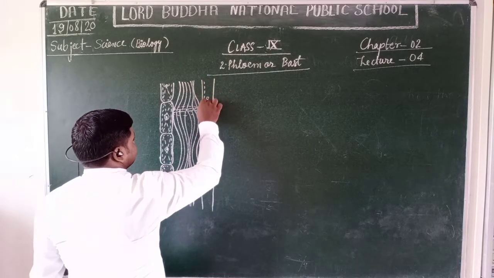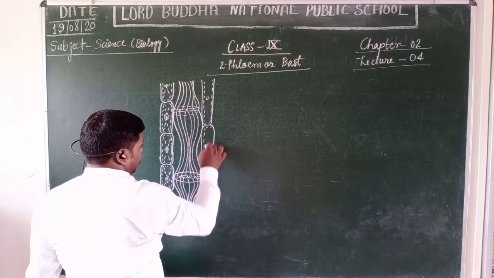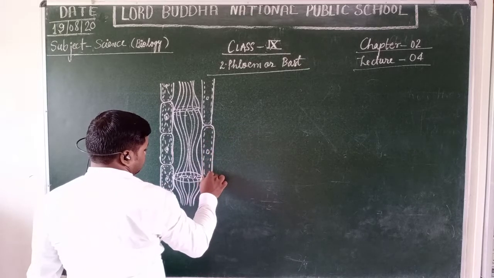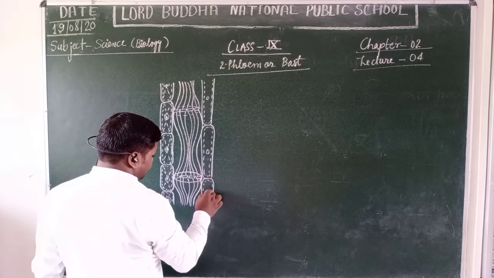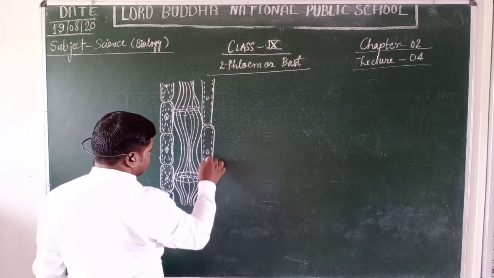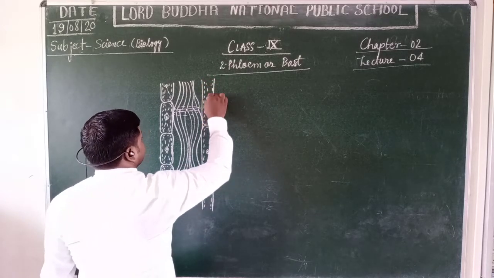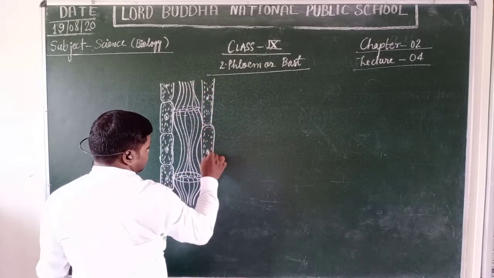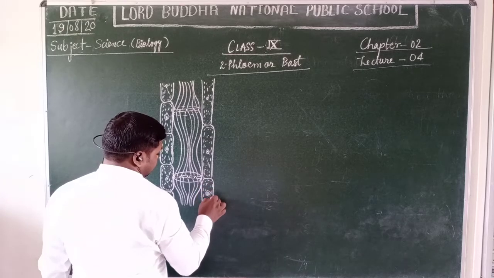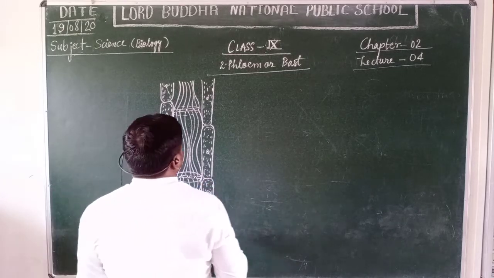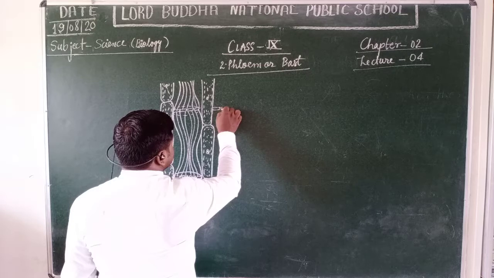They also provide a separation of one set of sieve tubes from another set of sieve tubes, and they are helpful in the storage of extra food materials like starch, which are formed after the process of photosynthesis. It contains a rich amount of protoplasm that provides turgidity and mechanical strength to the phloem sieve plates.